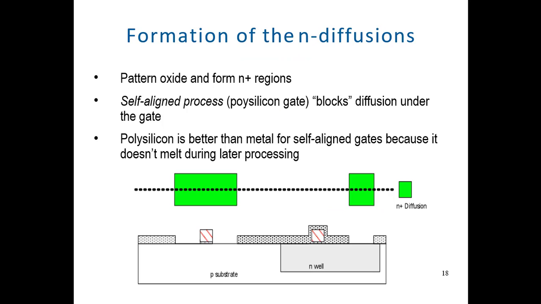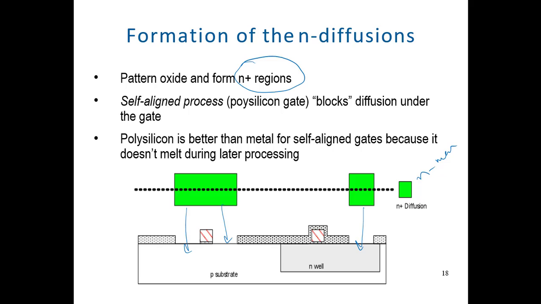The next one is the formation of N diffusion. So now you are applying the pattern to form N plus regions, mainly in the NMOS. So when you apply the N plus diffusion mask, here and here you will have the development, and also here.